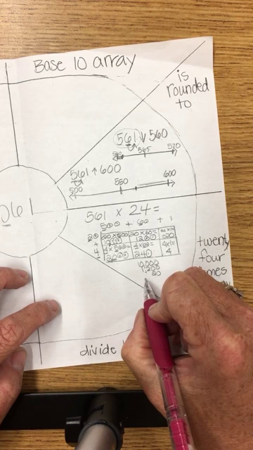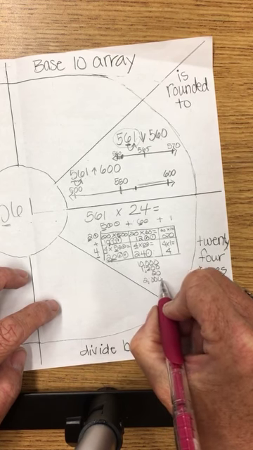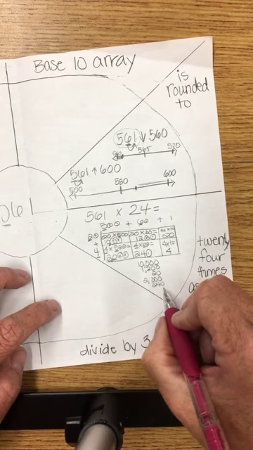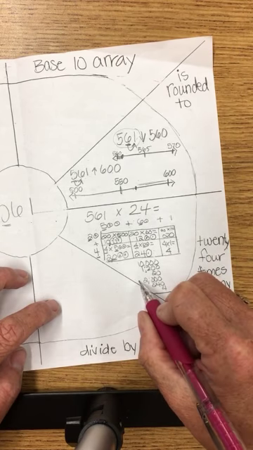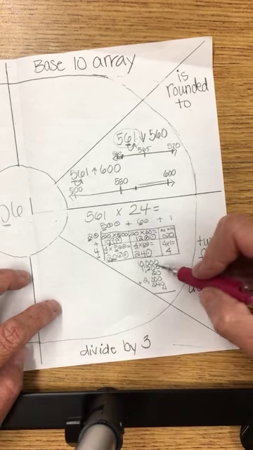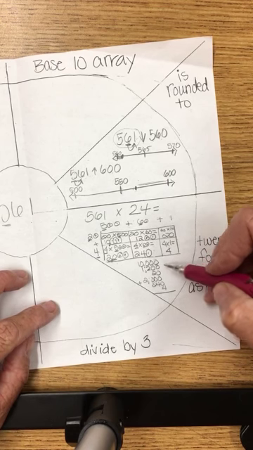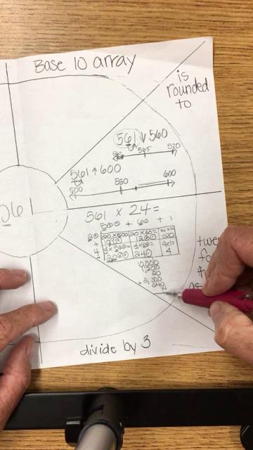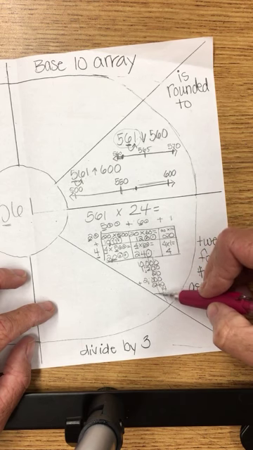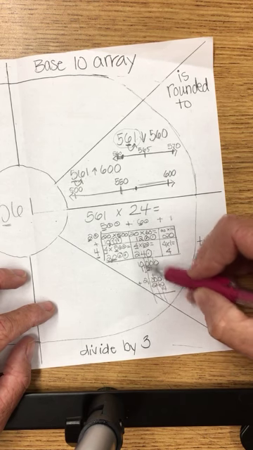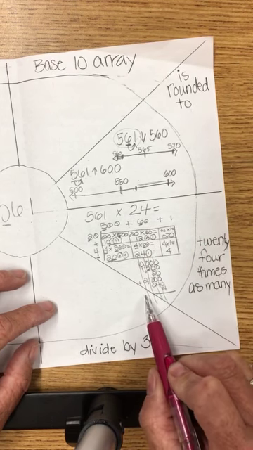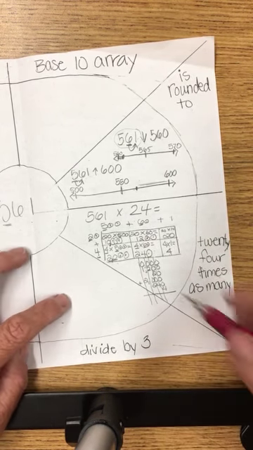Then we have 2,000, and we have 240, and then we have 4. We need to add all of those together. I know it's a little squished. I should have started over here, so be careful when you do that. I'm going to make my place value lines just to make sure that I line everything up, and it's okay that I went into the next section.